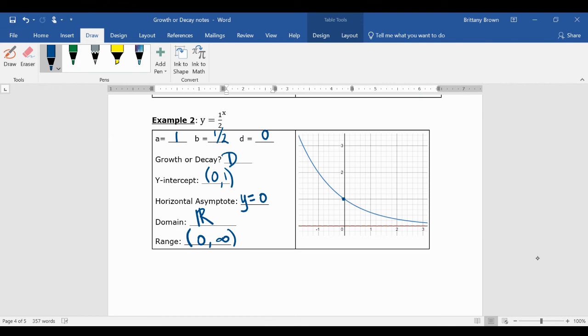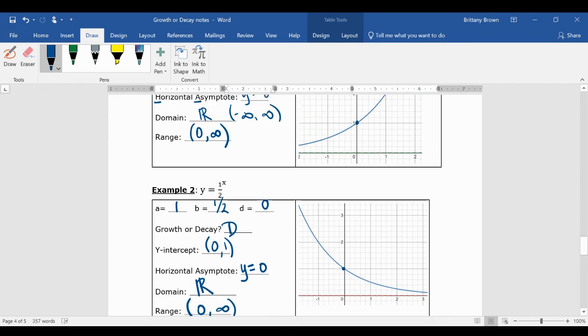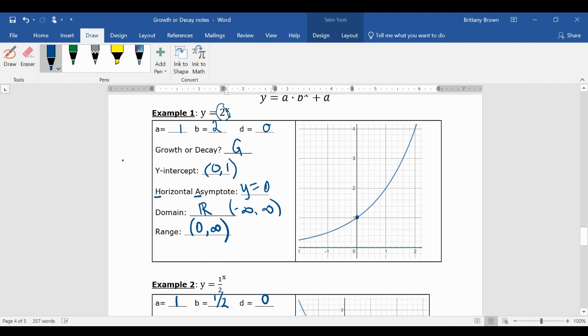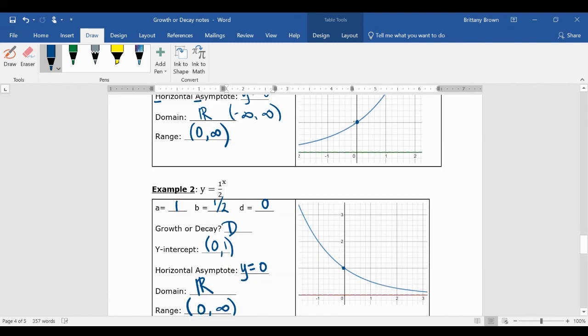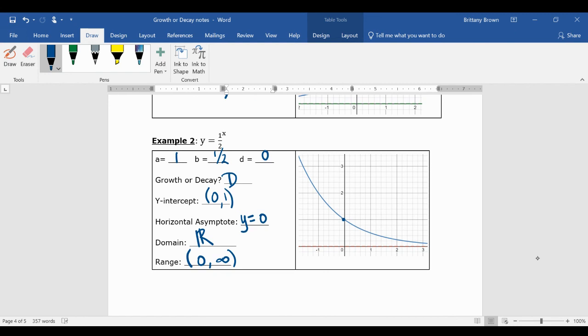All right, so where else do you see a 0 up here in your a, b, and d info? d is 0, right? So this d value, its significance is it tells you how far the graph is shifting up or down from the original, but it also tells you where that horizontal asymptote is. You'll see an example of that in a moment of how that works.